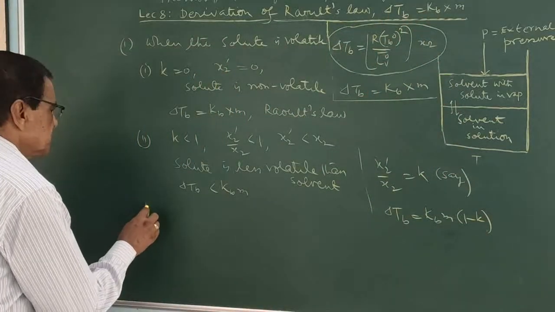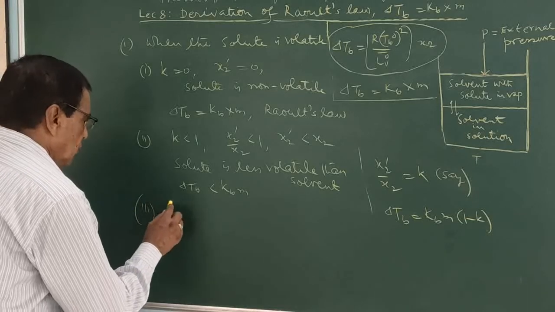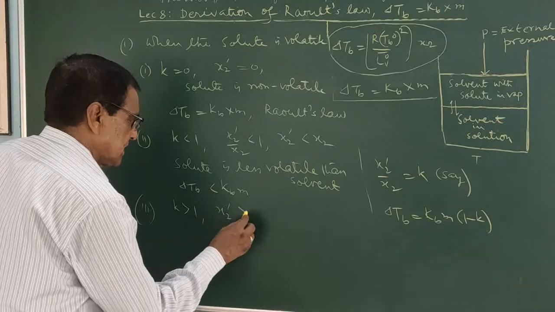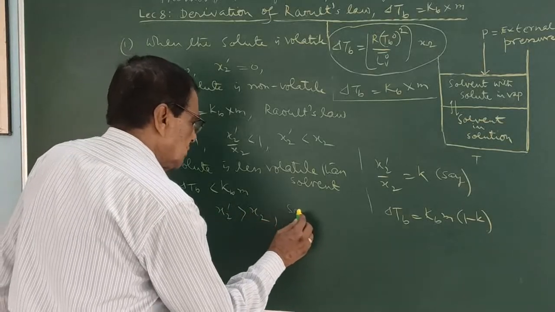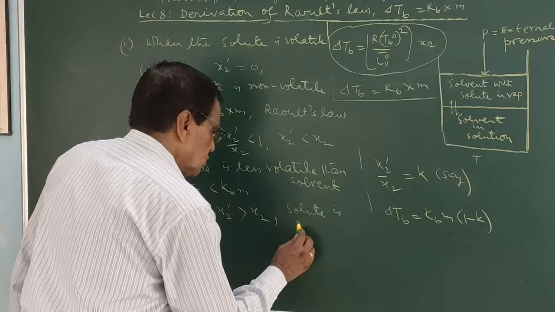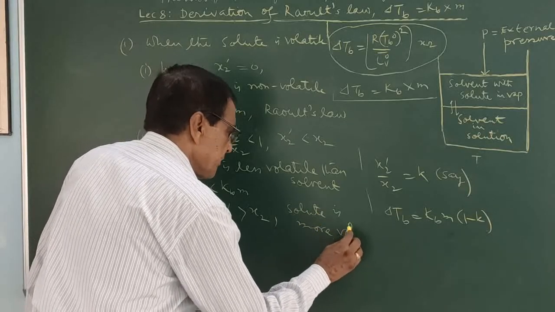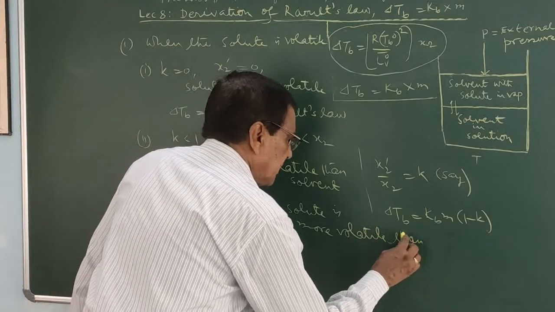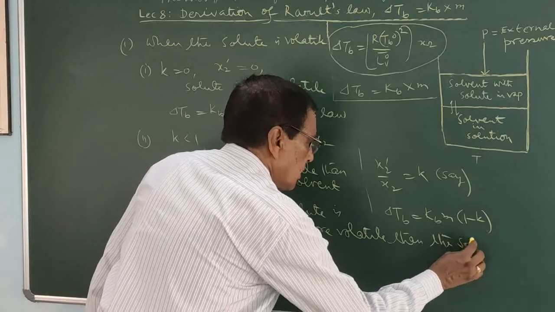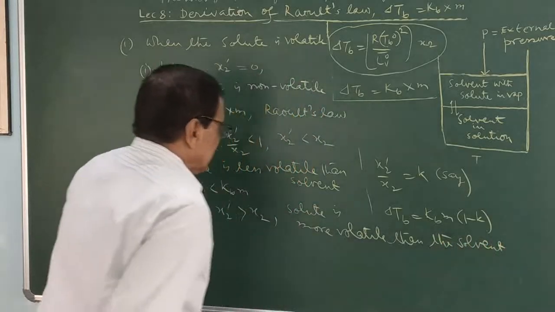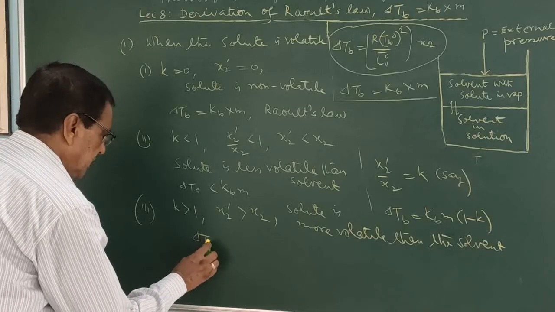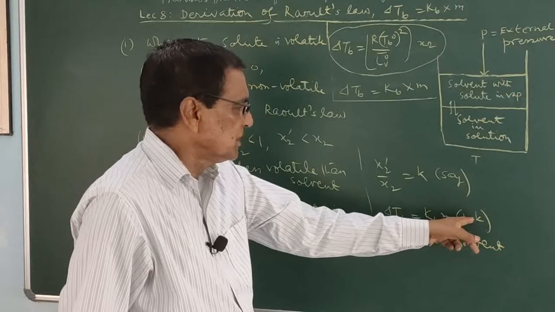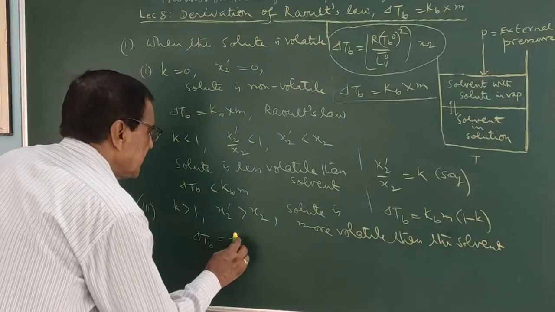At the third case, when k is greater than 1, in this case x2 dash is greater than x2, means the solute is more volatile than the solvent. In this case, since k is greater than 1, this one is negative, delta TV is negative.